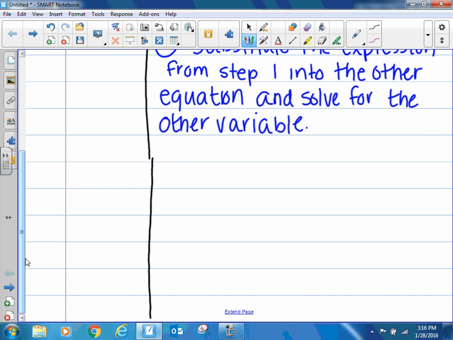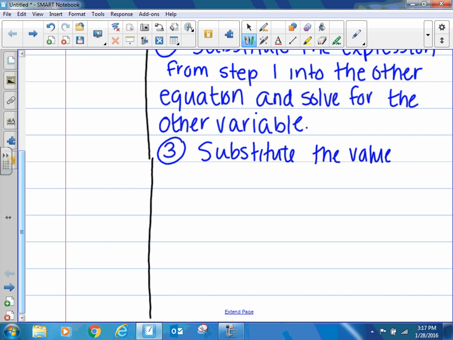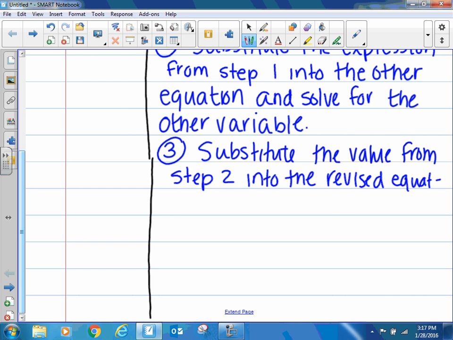Third step. Here's where it gets a little confusing. We're going to substitute the value from step 2 into the revised equation from step 1 and solve.